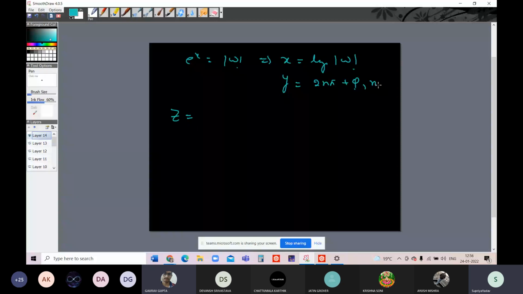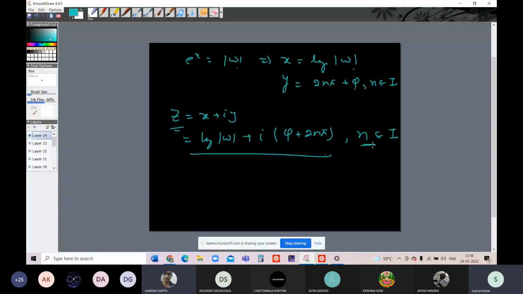Substituting these values of x and y, z is log mod of w plus i times phi plus 2n pi, where n belongs to the set of integers. So you can see here, corresponding to every n, this z will be a solution of exponential z is equal to w. So for different n, we will get different solutions. It means that this equation exponential z is equal to w has an infinite number of solutions. Okay.